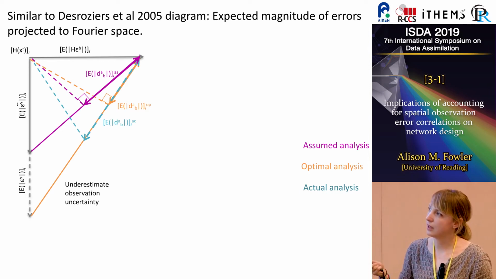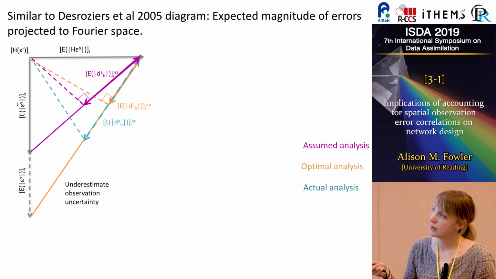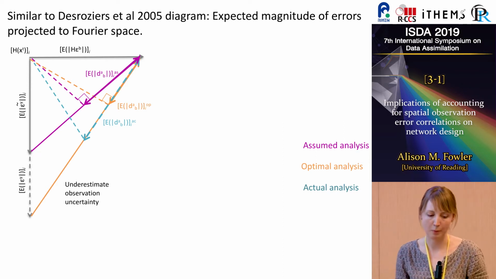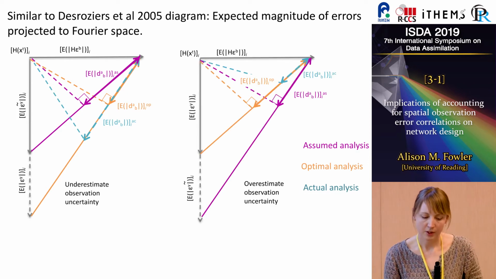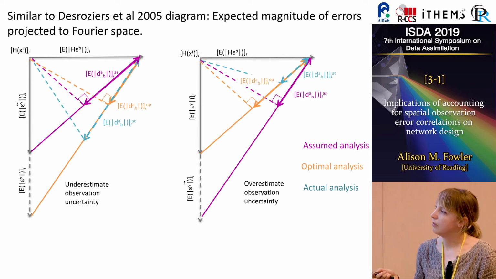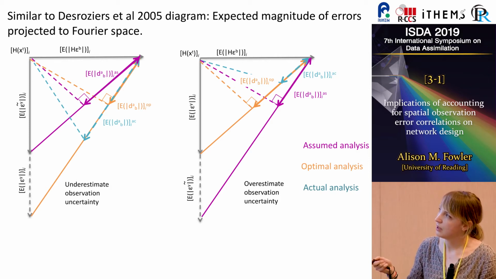And also the analysis error, given by the dashed line, the actual analysis error is larger than the optimal and larger than we would have assumed it would have been. And then we can do exactly the same for the case when we overestimate the observation uncertainty. So this time, this arrow is the magnitude of the observation errors consistent with the true R matrix, and this one is consistent with the one that we're assuming within the simulation.